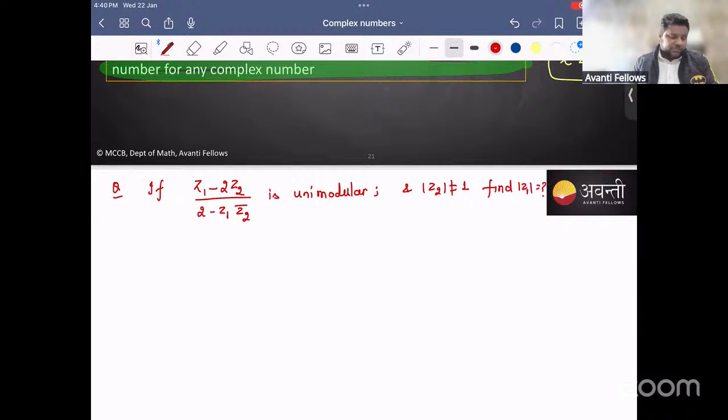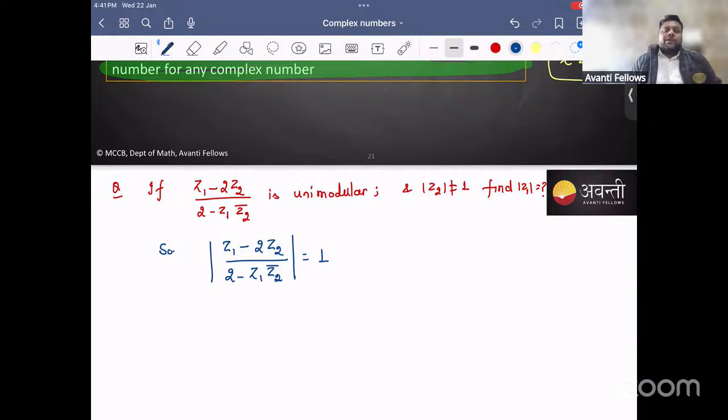If (z1 minus 2z2) upon (2 minus z1 z2 conjugate) is unimodular. Unimodular means its magnitude is unity. Understood? So the magnitude of (z1 minus 2z2) upon (2 minus z1 z2 conjugate) is 1. And definitely it is given to me also that mod z2 is not 1, meaning z2 is not unimodular. So they are asking for mod z1.